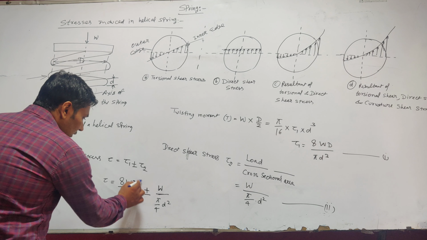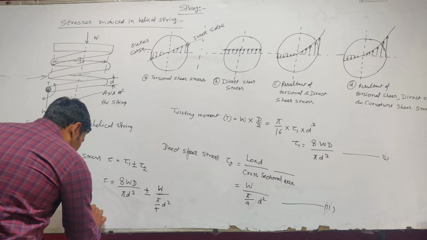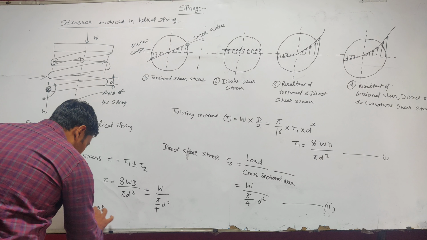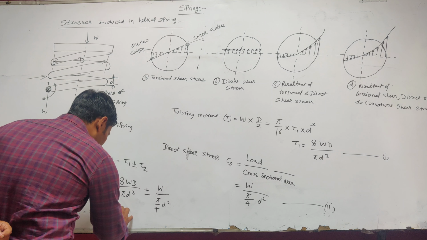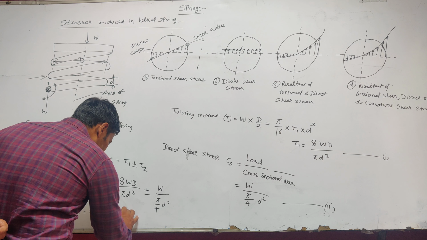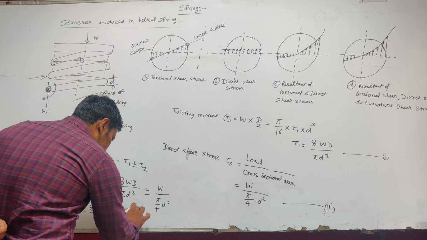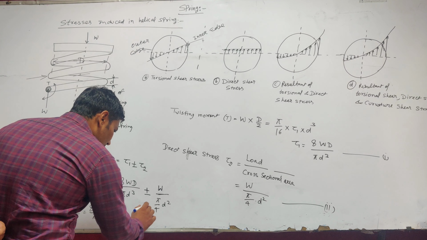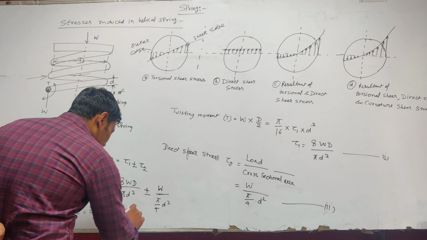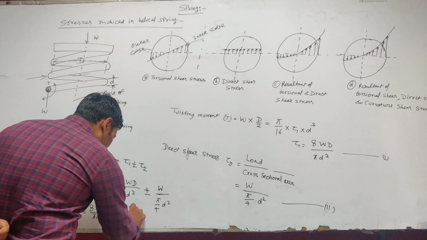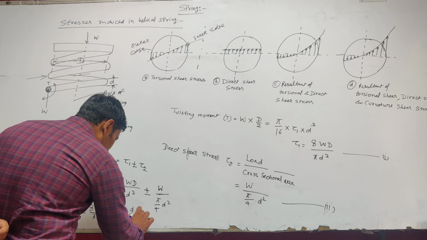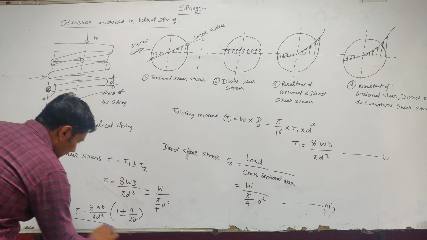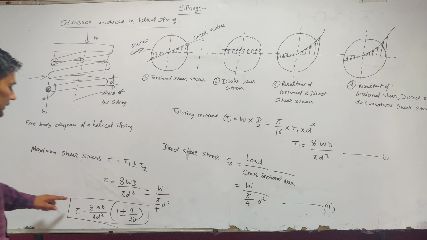Tau is equal to, these terms also separate, 8WD upon pi d cube, 1 plus d upon 2D. This is the resultant stress induced in helical spring.